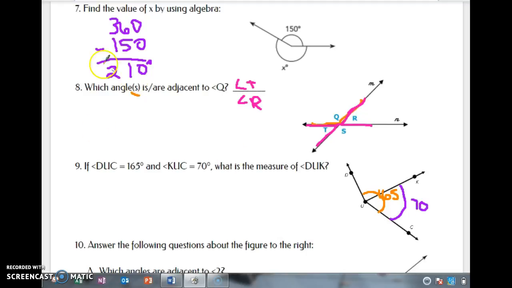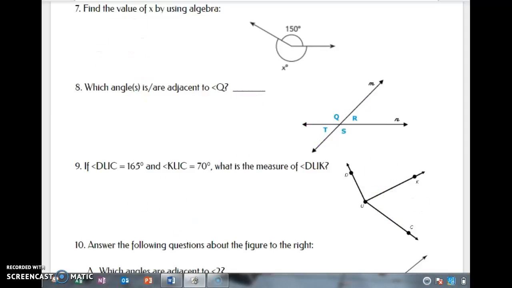Can you figure out what just this angle is? Well, you know the whole thing has to equal 165, and you already have 70 degrees of it. So all you have to do is 165 minus that 70 to figure out the remaining, which leaves you with 5 left over. You can't do 6 minus 7, so you have to borrow. So that remaining angle is 95 degrees.